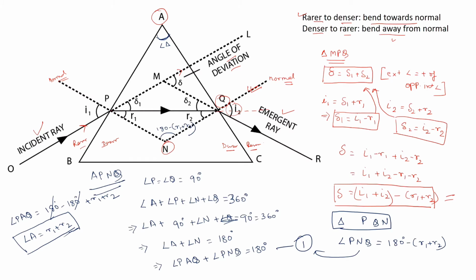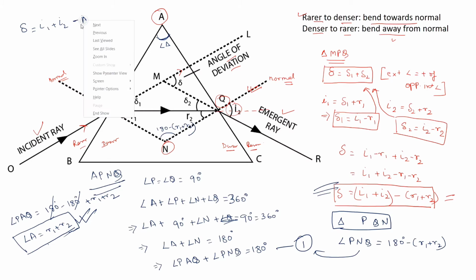Now come to this. We have got angle A equals R1 plus R2. So if we put this value in this equation, what we will get? Look here. Delta equals I1 plus I2 minus (R1 plus R2), and this R1 plus R2 can be written as angle A. So delta plus A equals I1 plus I2.